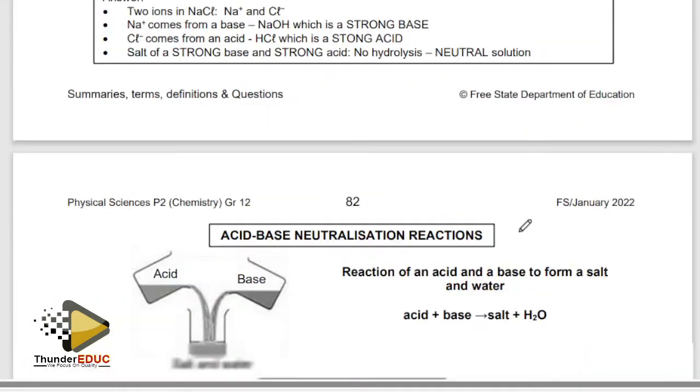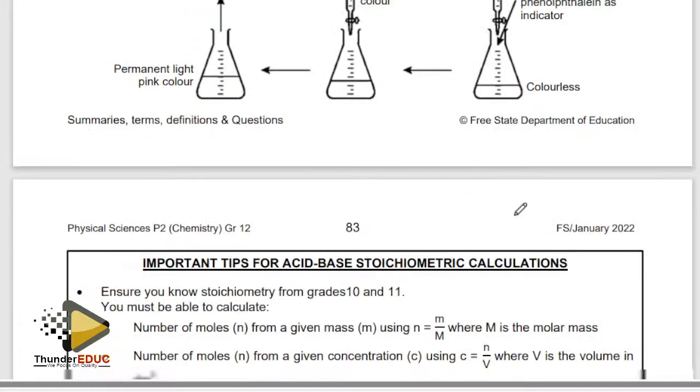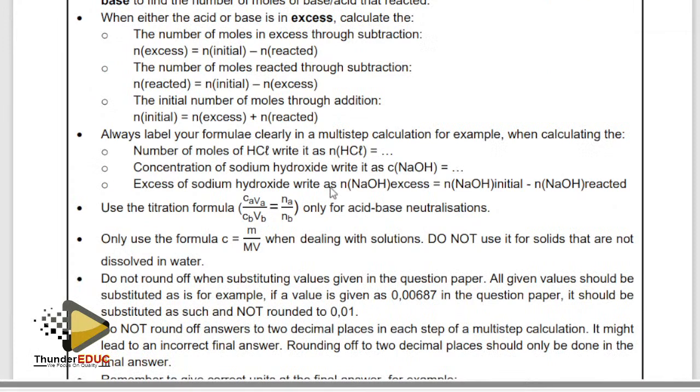Then the calculation is also simple. You know how to use this. Whenever they give you, find the number of moles of this, find the number of moles of this, and when you fill it in, there will be only one part which is supposed to be replaced. So make sure that you know how to manipulate that.